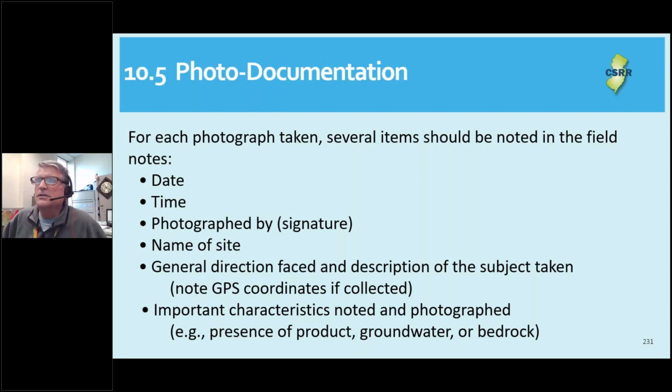The following slides are an added section in the updated Chapter 10 in the Field Sampling Procedure Manual that speak to the photo documentation associated with remedial investigations.